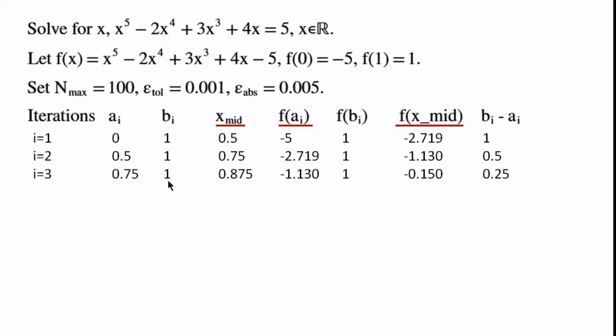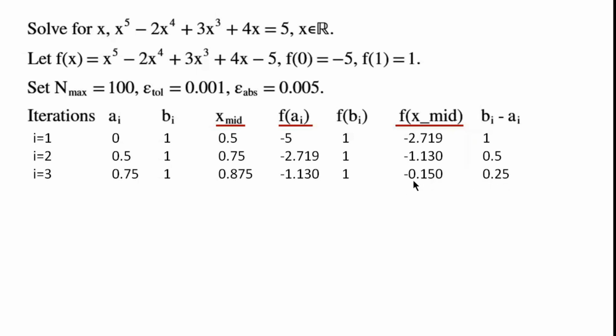We set bi to be equal to 1, x mid equals 0.875, f of ai equals minus 1.130, f of bi equals 1, f of x mid equals minus 0.150, bi minus ai equals 0.25.